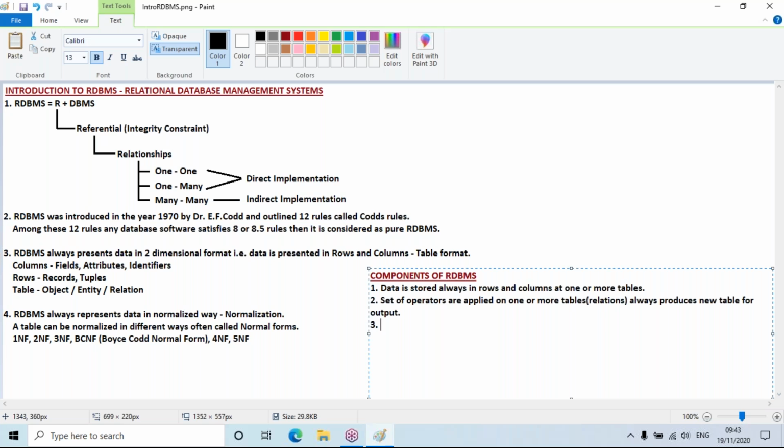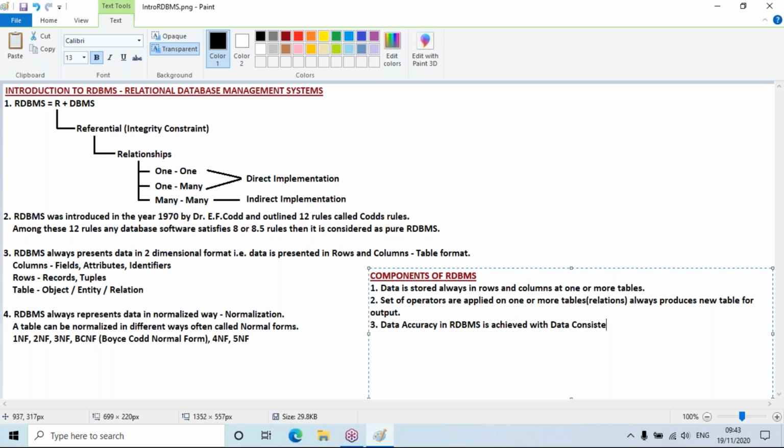Okay, another important thing, especially when you talk about this RD component in RDBMS: data accuracy in RDBMS is achieved with what?